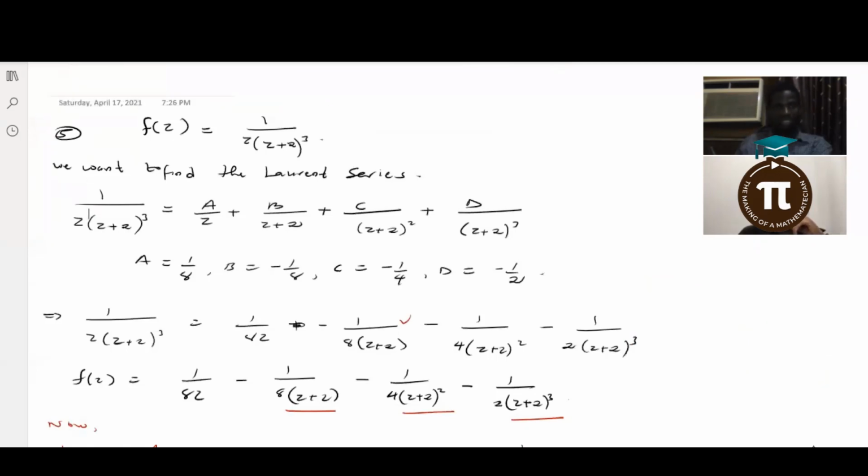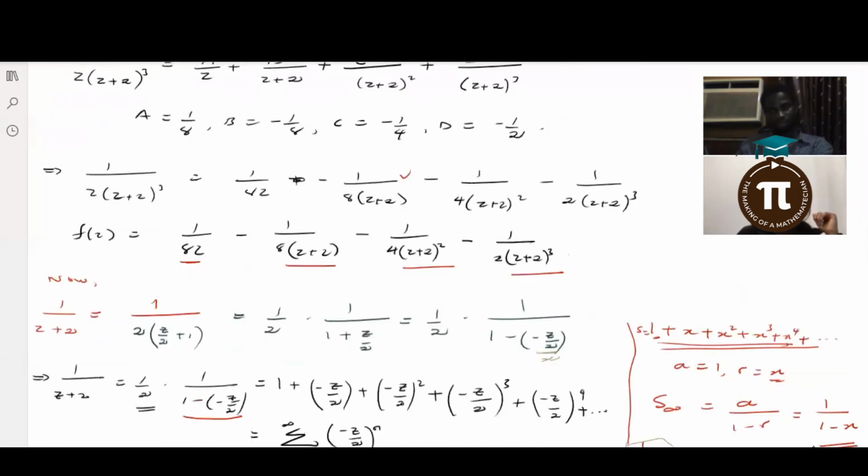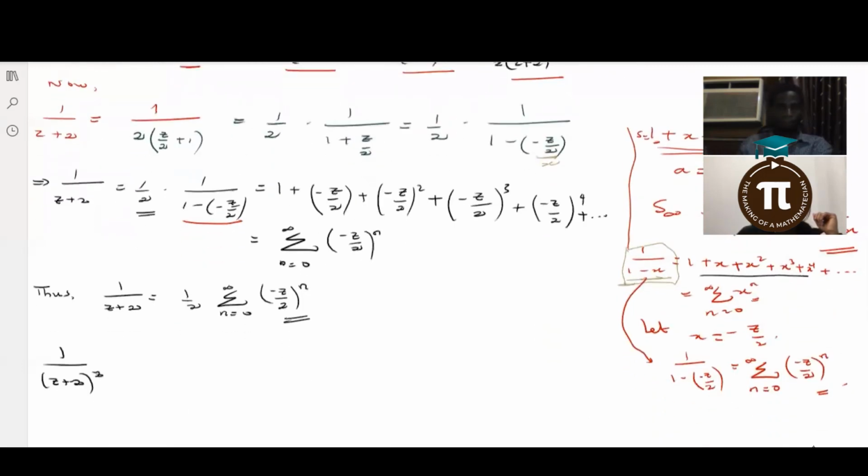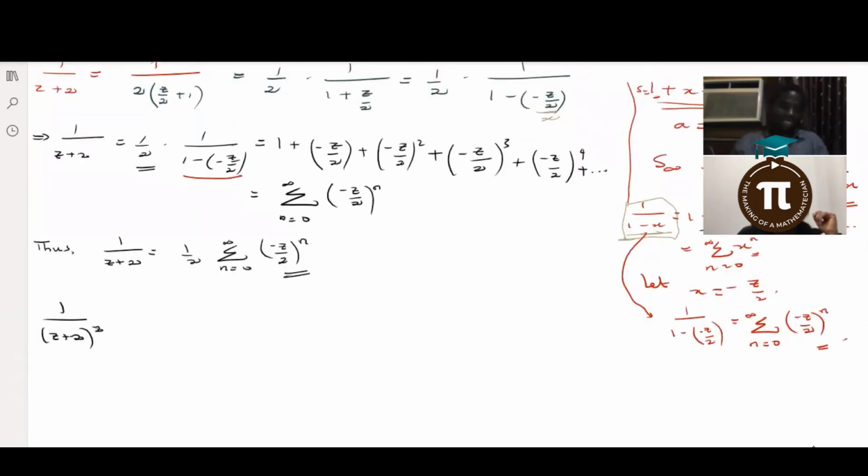I don't do that because it's just 1 over 8 Z. Just Z. 1 over Z. Do you understand? So we have z plus 2 to the power of -2. Yes, exactly. So this will become z plus 2 raised to the power of minus 2. Do you understand my point? Good. That was the first thing to know.